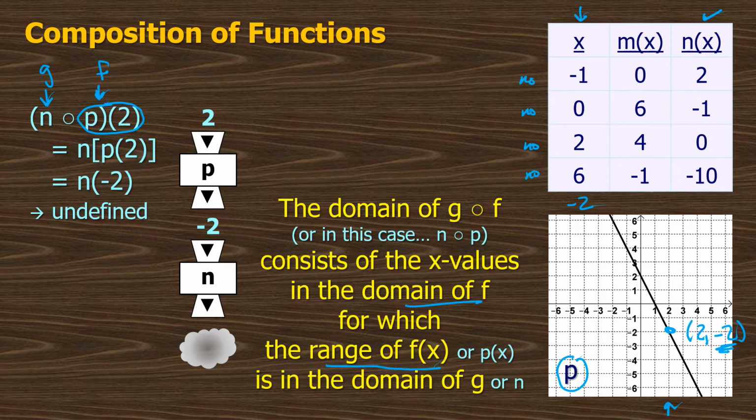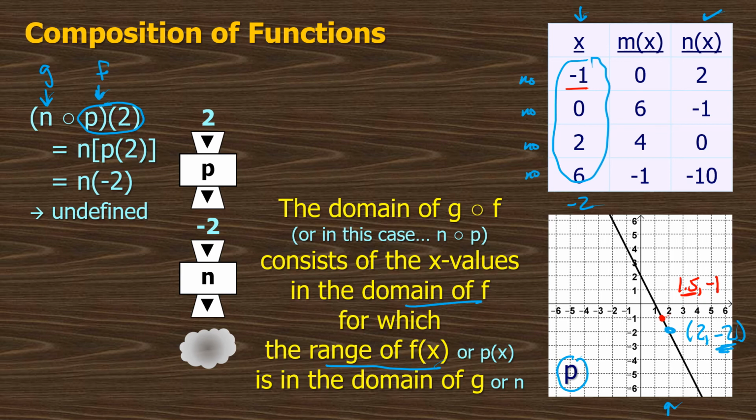But what ranges of f of x are actually going to work up here? Well, let's take a look. I have -1 as an option. The only way to get -1 out looks like it's right there at 1.5, comma, -1. Therefore, only 1.5 is a number I can actually plug in to get -1 out.